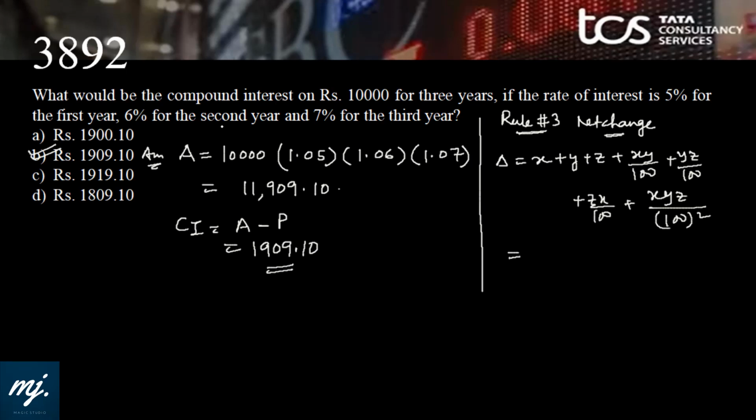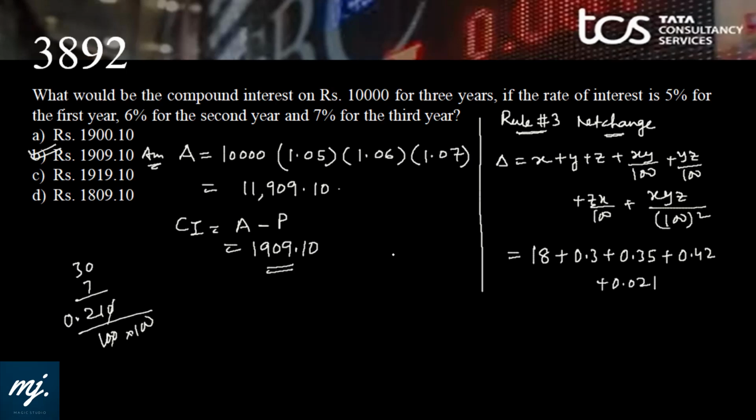Using this net change rule, we are not supposed to find the amount even, we can calculate the compound interest directly. Now x plus y plus z, 5 plus 6 is 11 plus 7 is 18. 5 into 6, 30 by 100, 0.3. 5 into 7, 35 by 100, 0.35. 6 into 7, 42 by 100, 0.42. And 5 into 6 is 30, into 7 is 210, divided by 100 into 100, this will give 0.021.